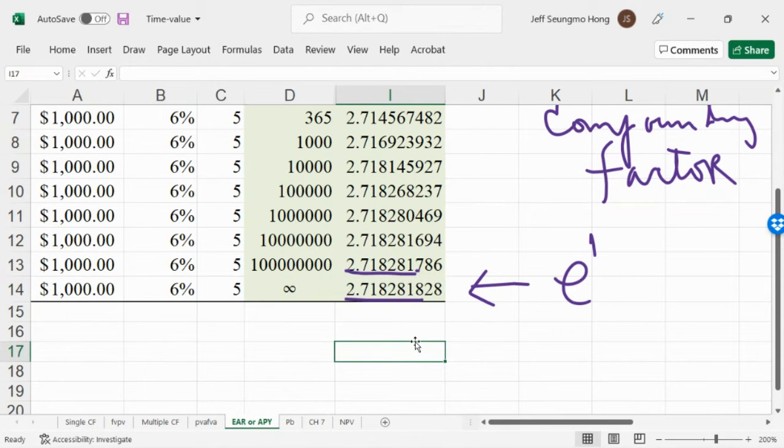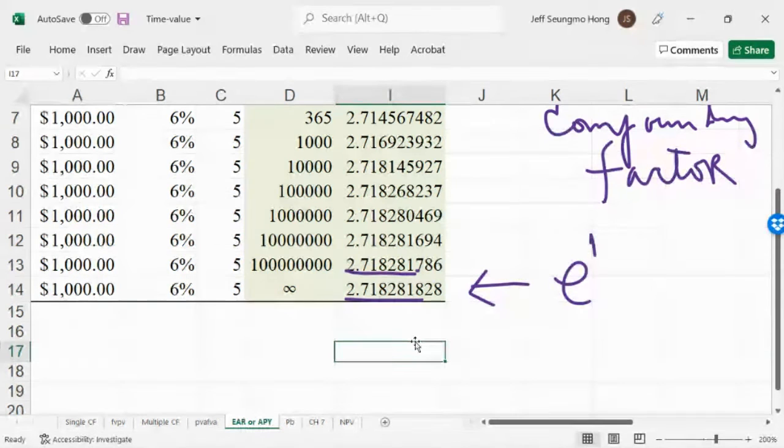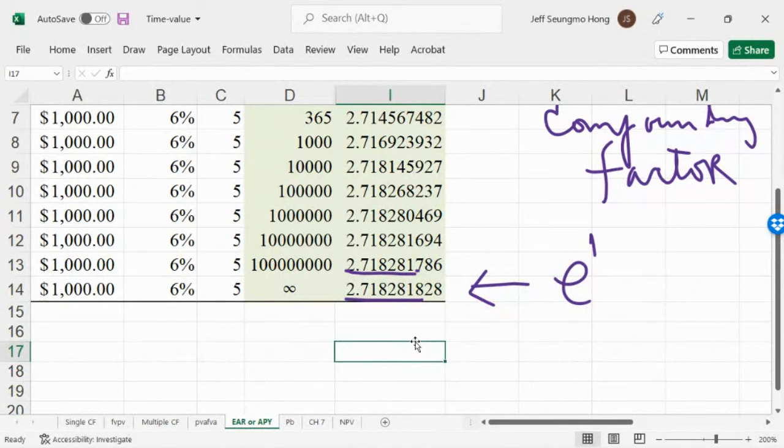So then, what do we conclude from here? The conclusion is Euler's number is an irrational number. In other words, it goes on forever.